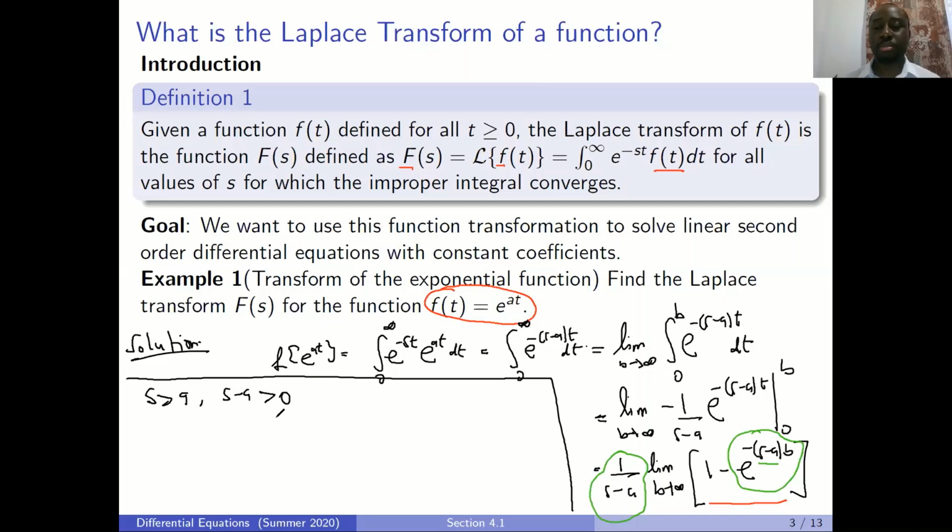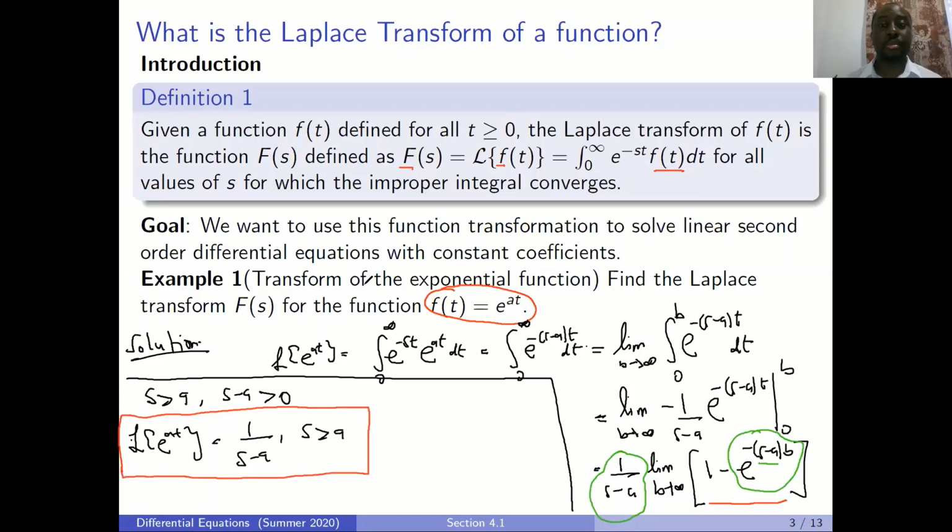So if s minus a is positive, then the Laplace transform of e to the at is 1 over s minus a. And this is defined for s greater than a. So notice that we've gone from an exponential function to just a rational function with some specific domain.